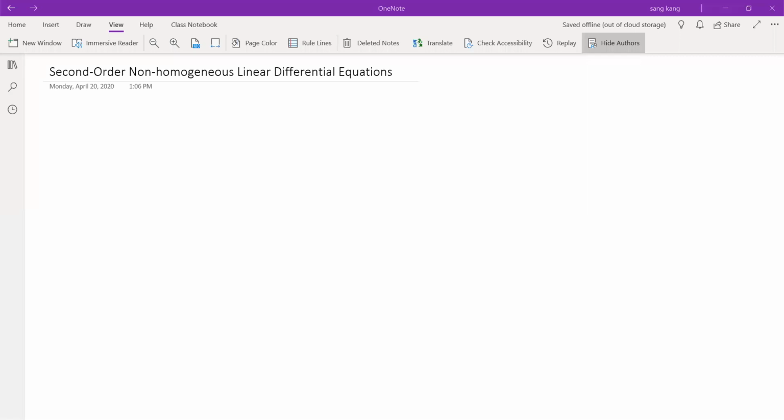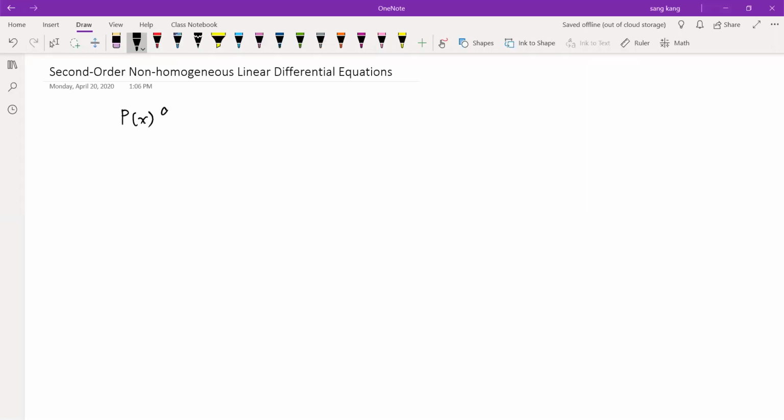Okay, so since it's non-homogeneous, we now have a function g as a function of x, and this is not 0, right?